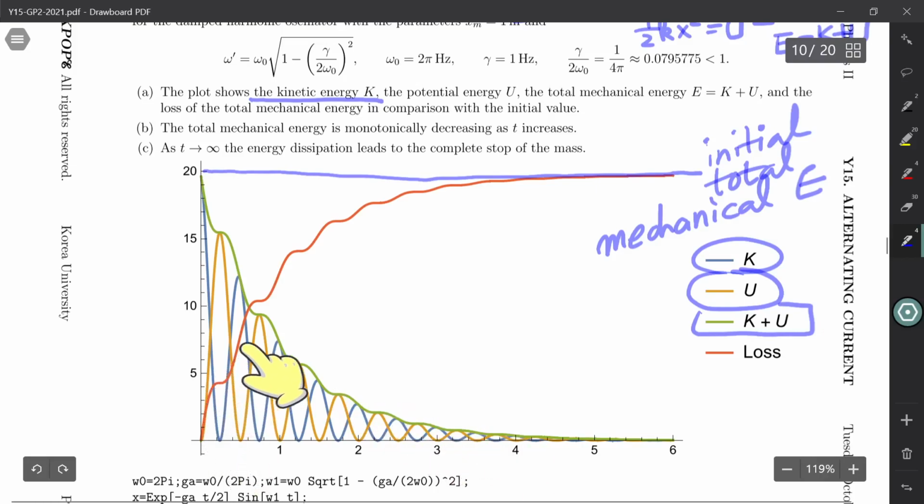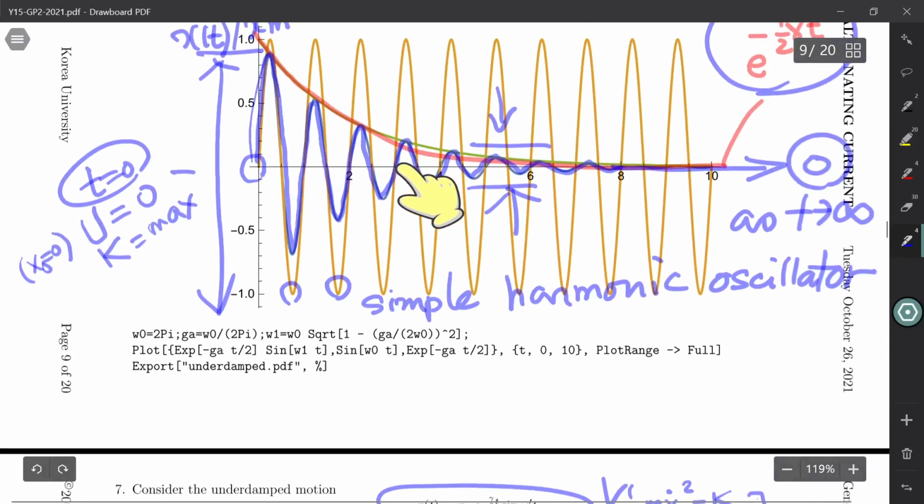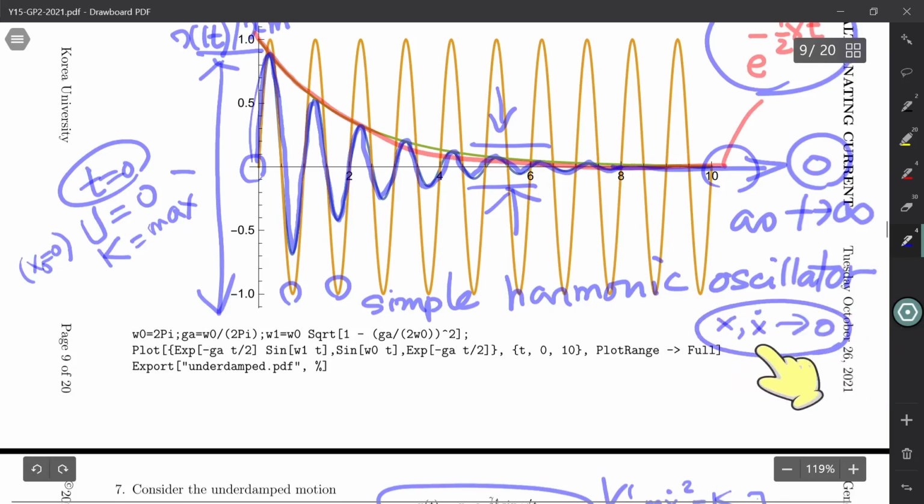Therefore, the loss of energy increases as time goes on. And the lost energy, when t goes to infinity, becomes the total initial value of the total mechanical energy. So as t goes to infinity, x dot equals 0, and it reaches the equilibrium point, x goes to 0. As t goes to infinity, x and x dot, both of them, approach 0.